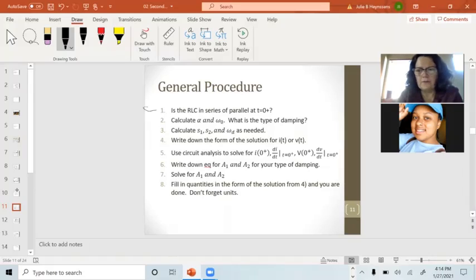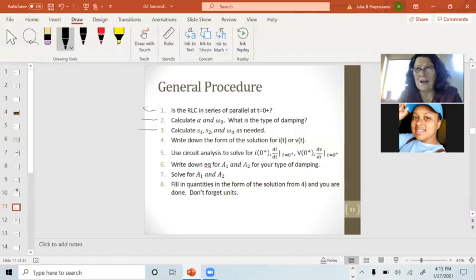So I have to look at the circuit and determine that. Once I figure out if it's series or parallel, I calculate alpha and omega naught, and I compare the two of them to figure out what type of damping I have. Once I know the type of damping, I can calculate S1 and S2 and omega D as needed.